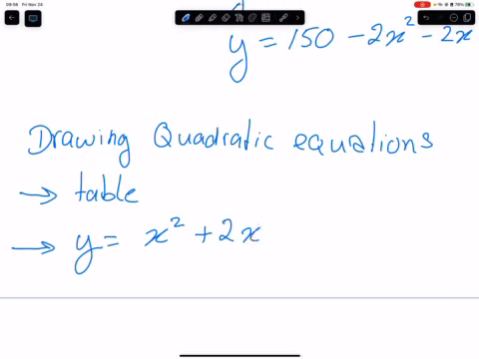You have exactly 3 minutes and 40 seconds to draw this quadratic equation.